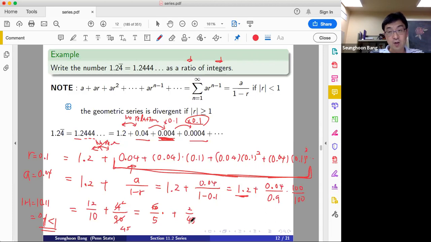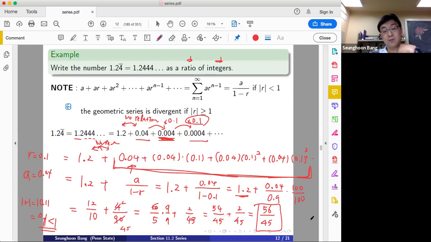The 45 is the common denominator, so only multiply the top and bottom by 9. 6 times 9 is 54 over 45, plus 2 over 45. So we have 56 over 45. That's it. This is the final answer for solving this problem.